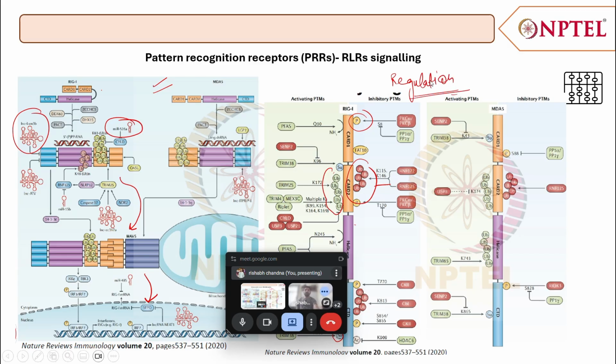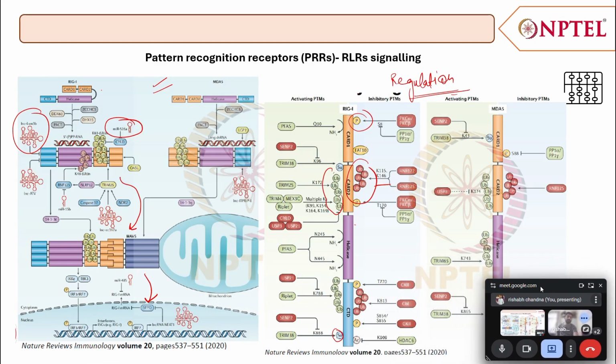Okay, this is actually out of scope of the study, but I just introduced these things so that you will know how complex this signaling is, and how different molecules inside the body regulate its activation as well as inhibition.